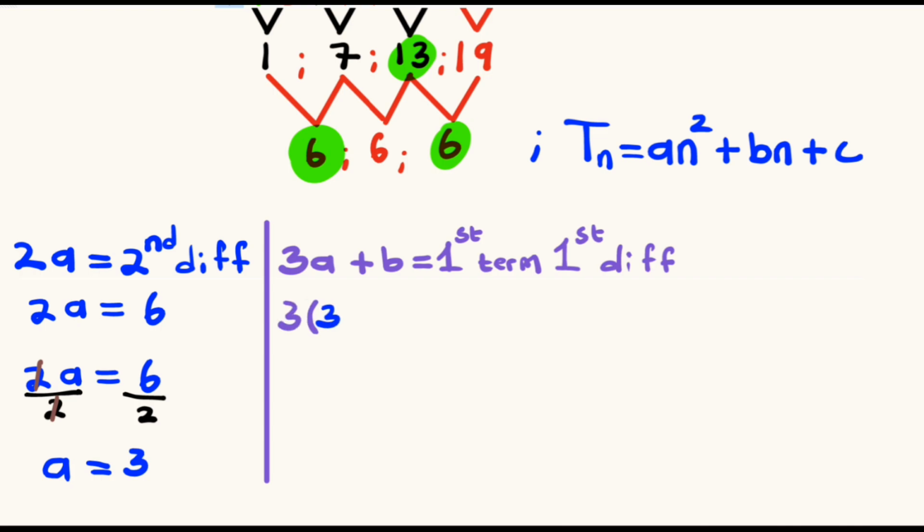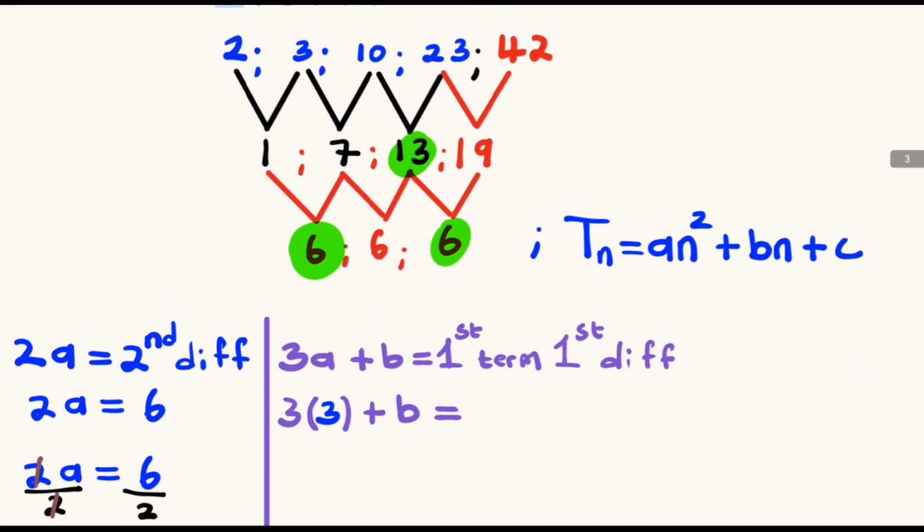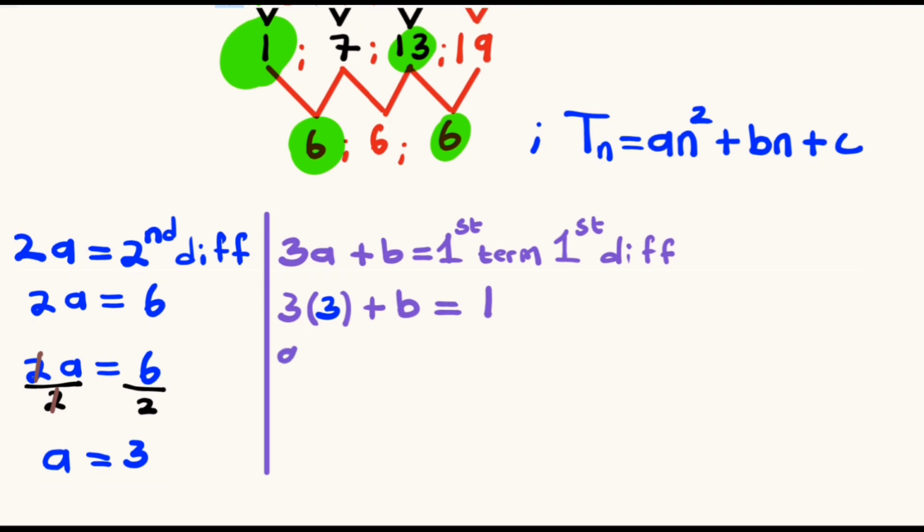So in the place of the a, we substitute 3 plus b is equal to the first term of the first difference, which is 1. So 3 multiplied by 3 is equal to 9 plus b is equal to 1. We move the 9 from the left to the right, it will change sign to negative 9, and our b will be equal to 1 minus 9, which is equal to negative 8.